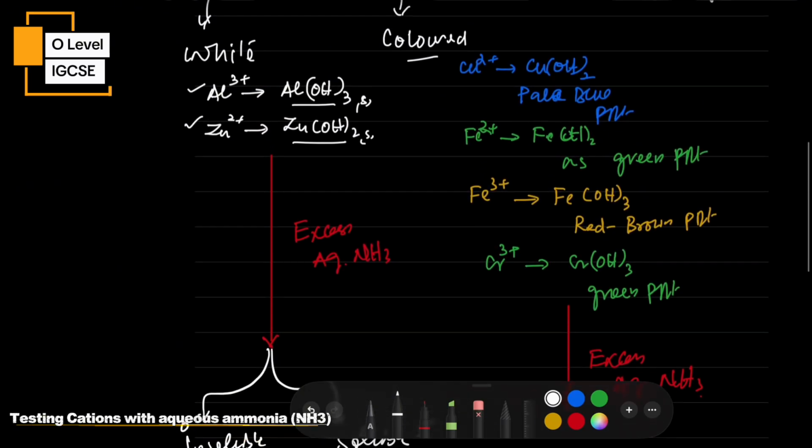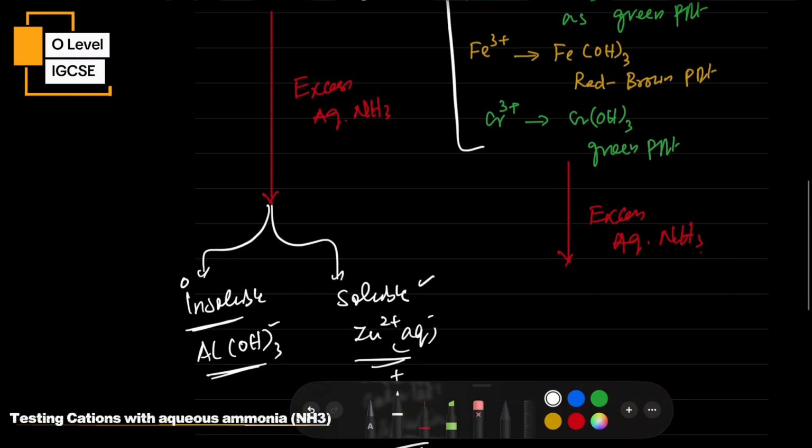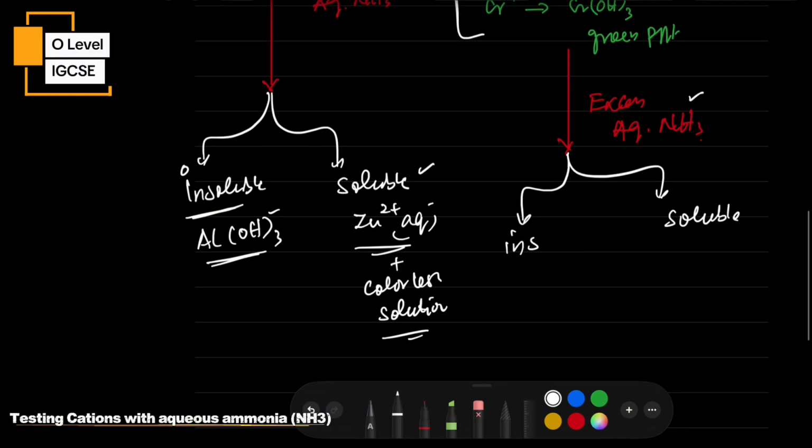Coming toward this one, there are 4 colored precipitates. Upon addition of excess ammonia to them, only one of the precipitates is going to dissolve. So yes, again you can say one is soluble, and the rest are insoluble.